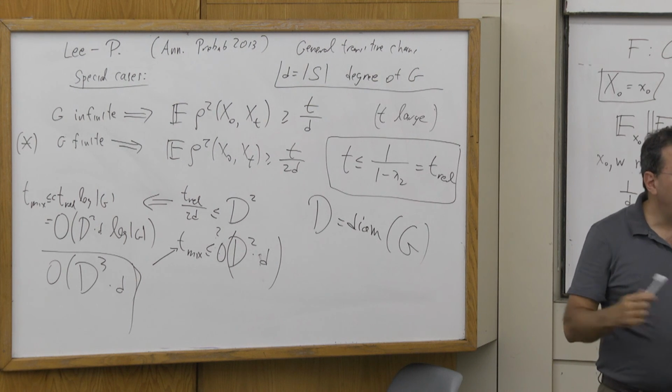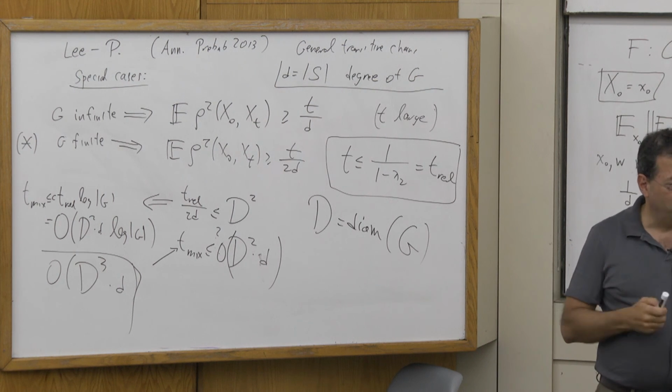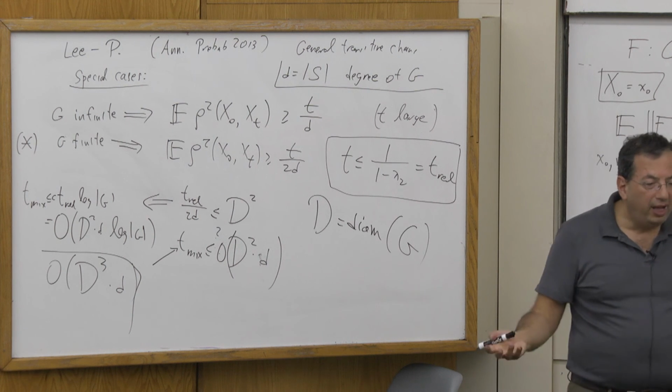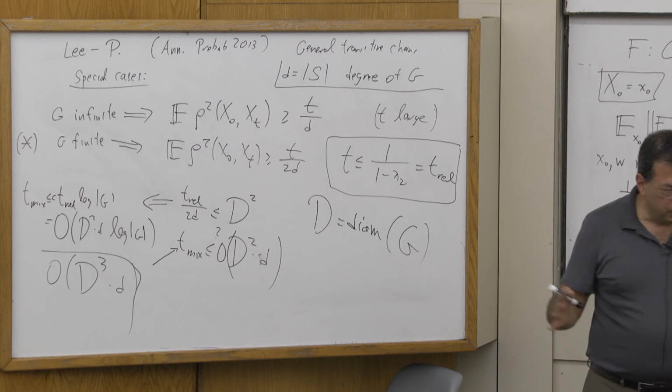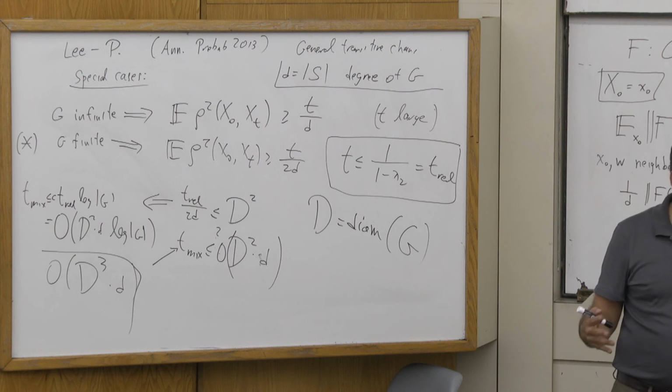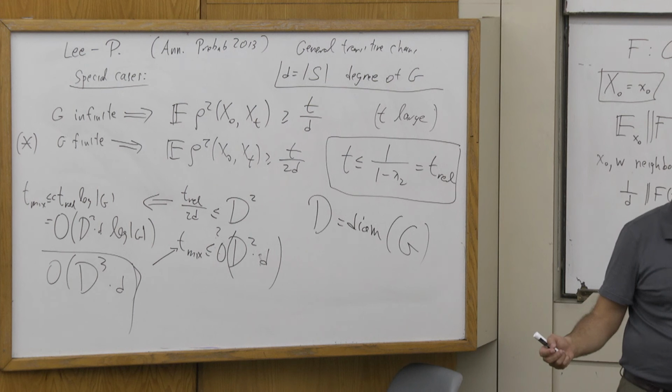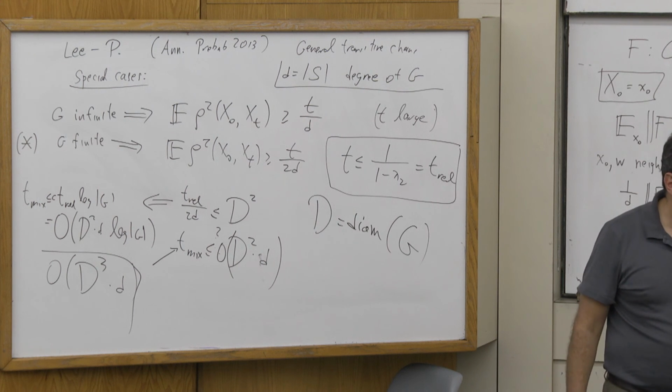Eventually, you have to feel it; recording the distance, it has to get stuck. But when do you have to feel it? My guess is that you only start slowing down when your distance is of the order of the diameter of the group. As long as your distance is little o of the diameter, you shouldn't feel that you're in a finite Cayley graph. But we have no proof of anything like that.